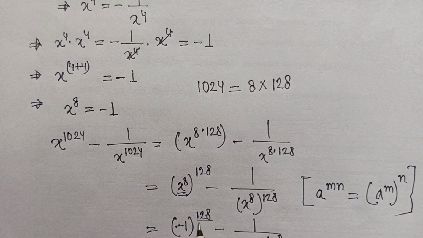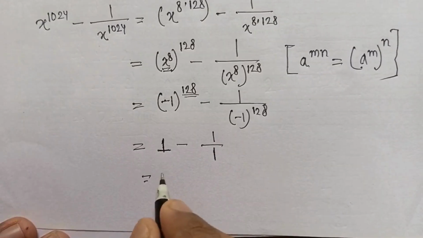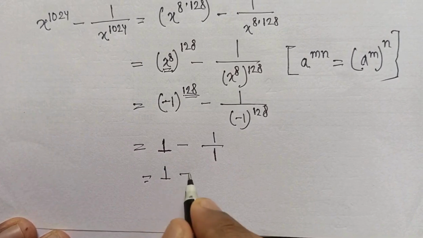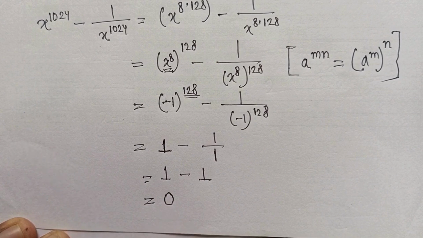As this is an even number, the minus will be gone and it will be just 1. Minus 1 to the power 128 will be 1, so that 1 minus that 1 will be 0.